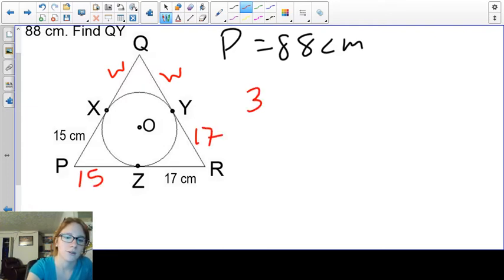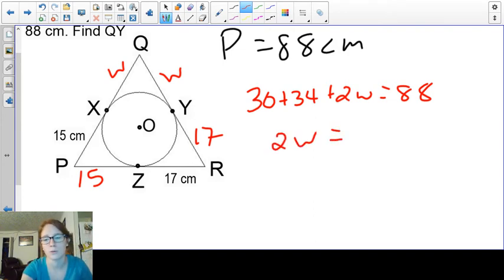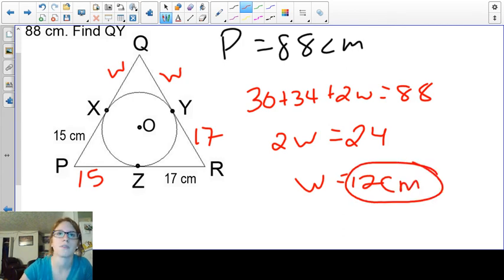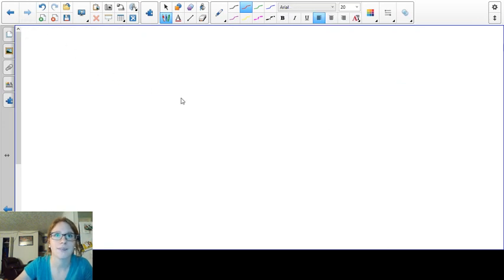So I have 30 plus 34 plus 2W must be 88. So 2W is equal to 88 minus 64, 24. So then W has to be 12 centimeters. So that missing side has to be 12. All right, have fun on your homework.